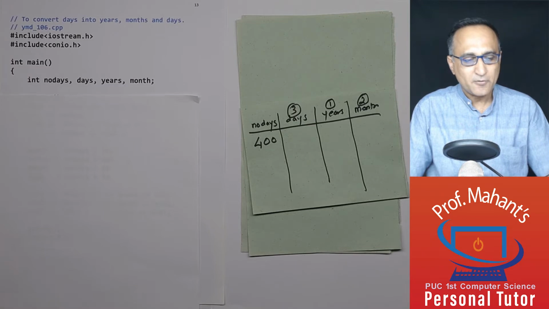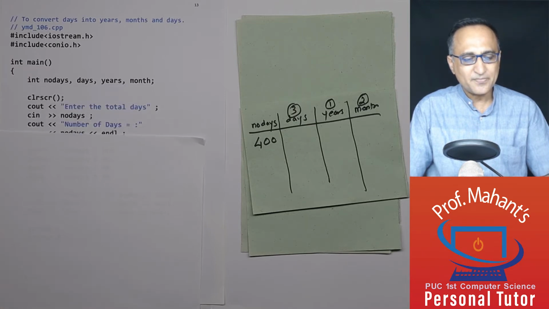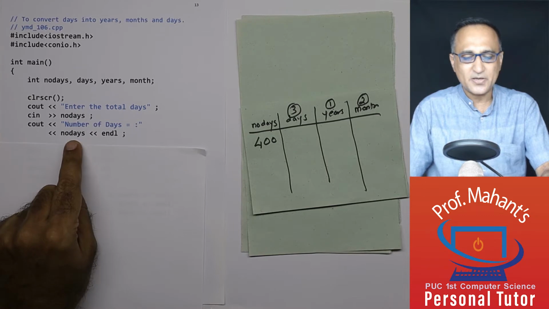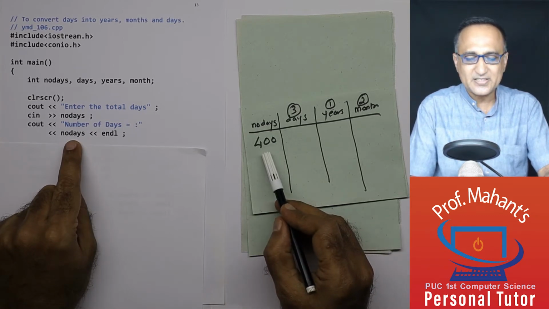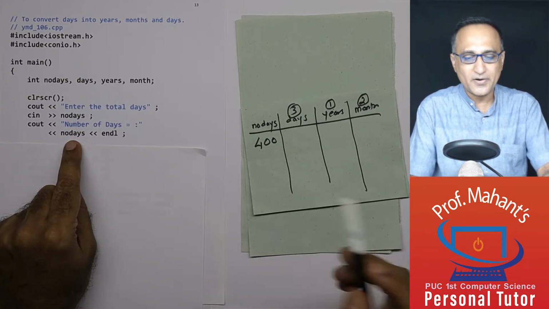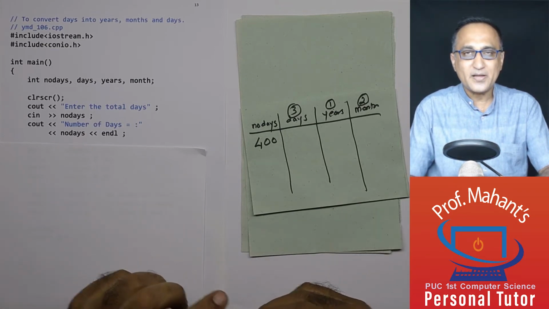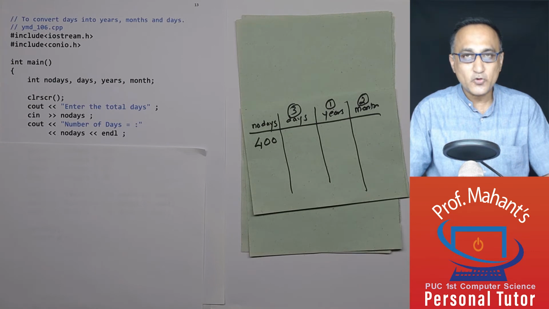Now, first step is I am asking the user to enter the total number of days. After the user enters it, I am saying the total number of days are this much. So let us say the user enters 400. If I divide 400 by 365, the quotient will give me the number of years.